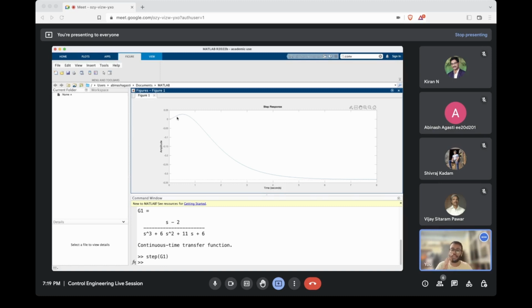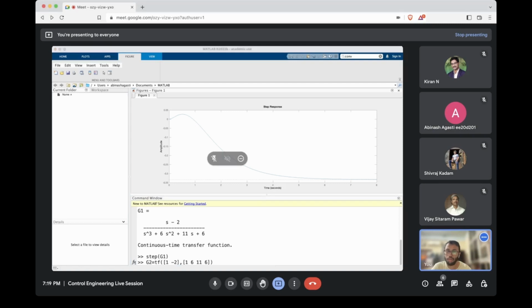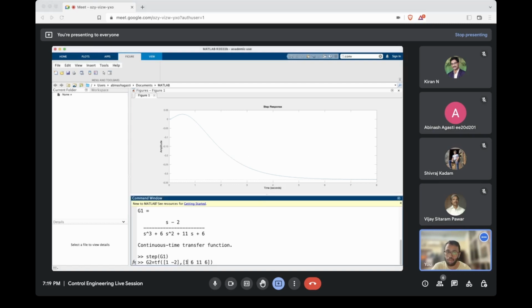Okay. Now the next step we can choose is to take s minus 2 d2. Okay, so this is the original system that was asked to us in the question.